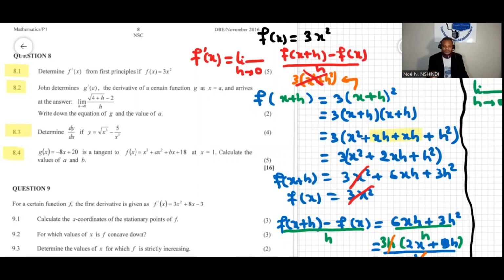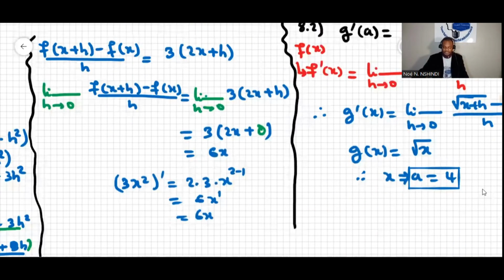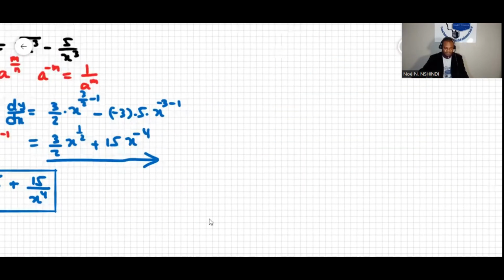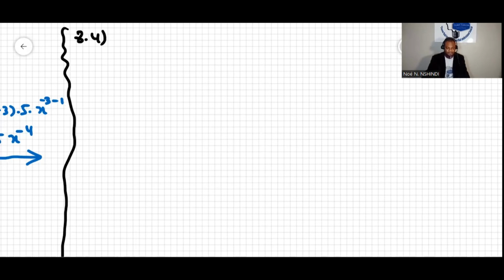Calculate the values of a and b. I'll move my board over here because of space, right here, 8.4.